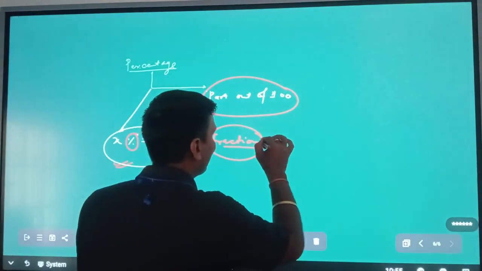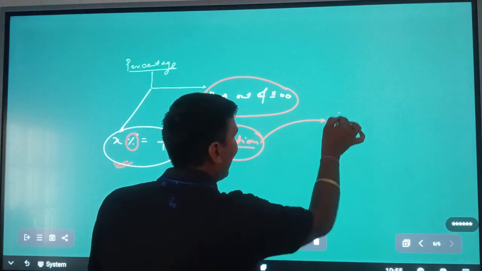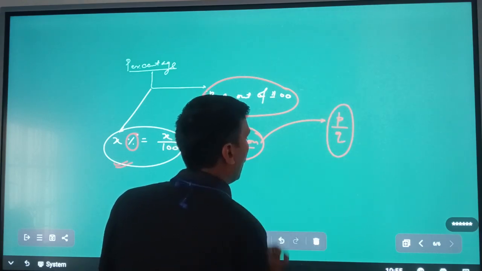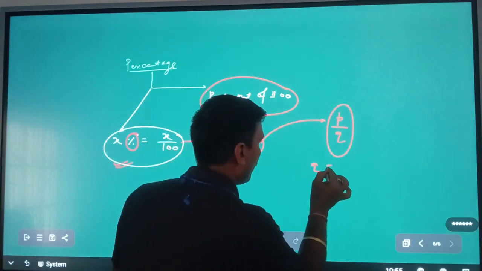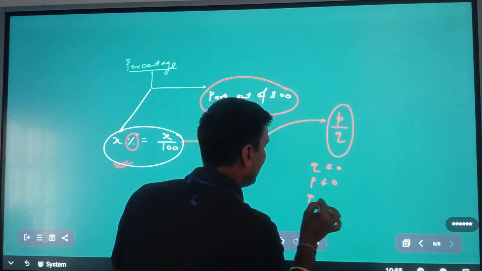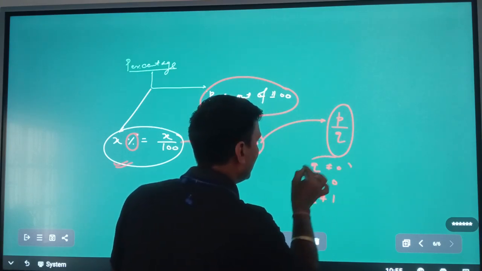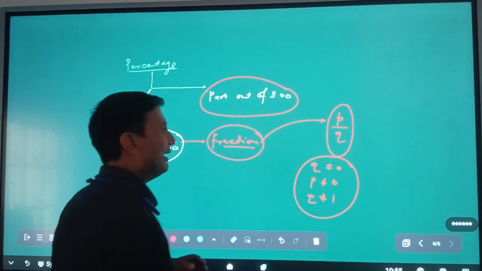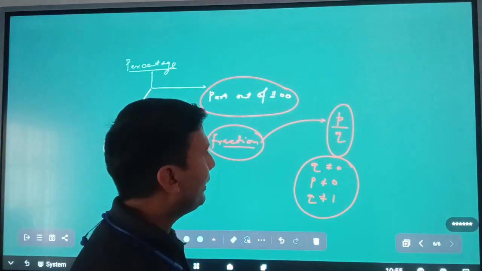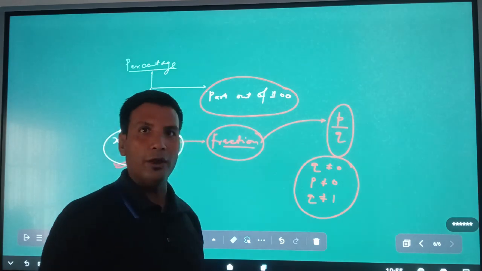And what is a fraction? A fraction is a number of the form p by q, where q is not equal to 0, p is not equal to 0, and q is not equal to 1. This is the proper definition of any fraction. The upper part is called the numerator and the lower part is called the denominator.